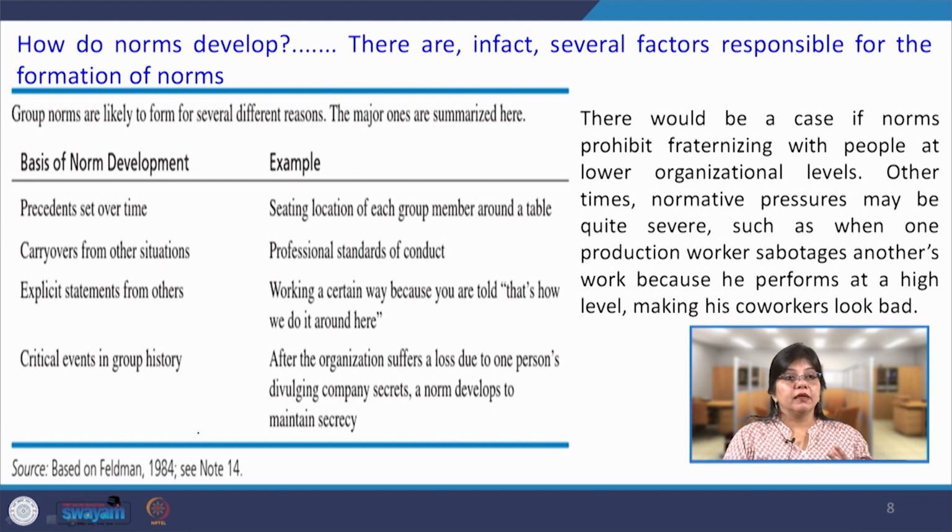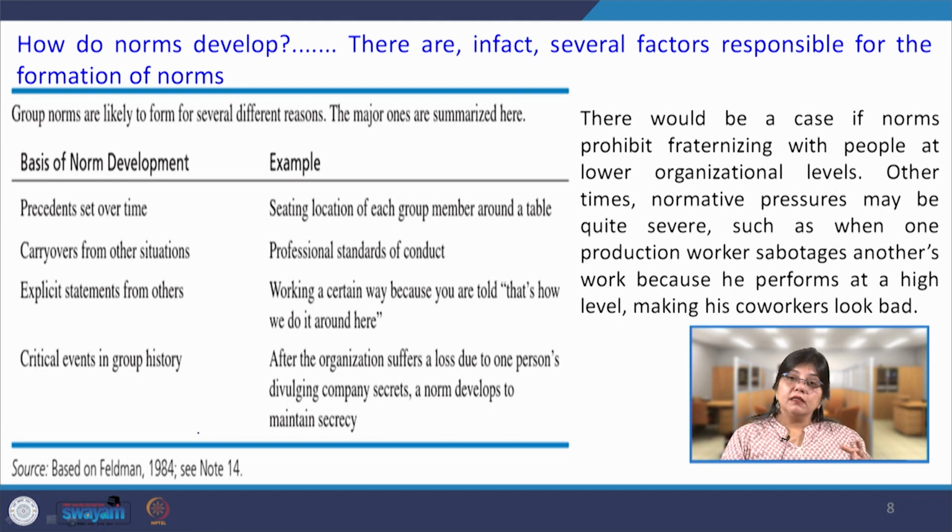Maybe five or ten years back, an employee shared a secret with an outside organization, that person was expelled from the organization, and for the other members it has set a standard to maintain the secrets of the organization.